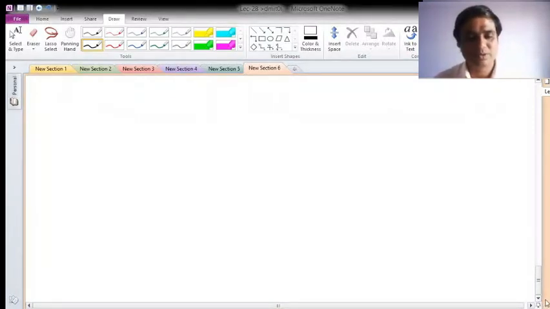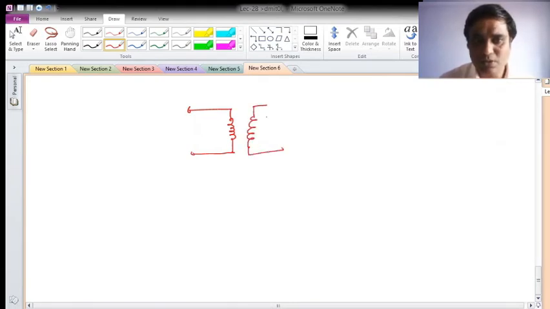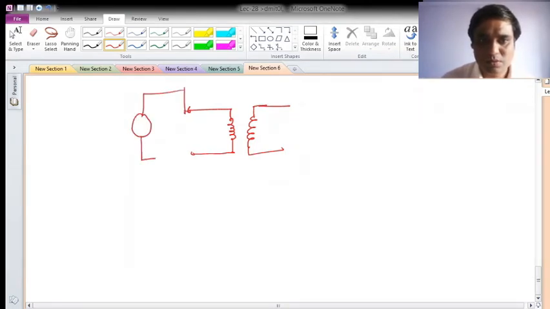Now suppose I see the parallel circuit. When the coupled coils are in parallel form, how to write the equation? So suppose I have this coil, to this EMF is there, V of t.